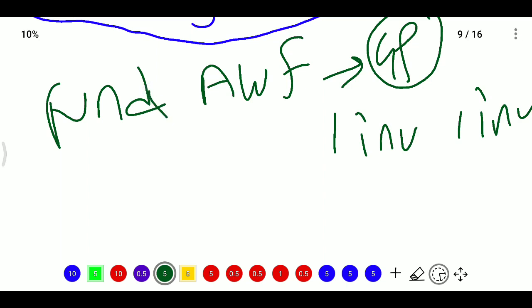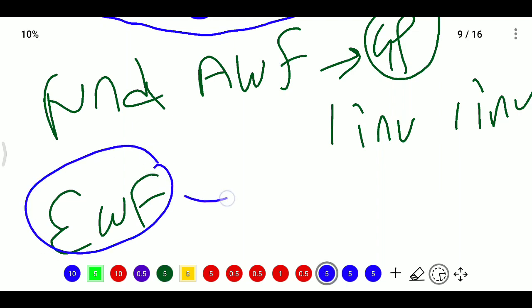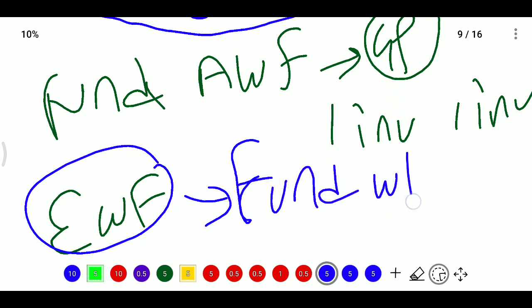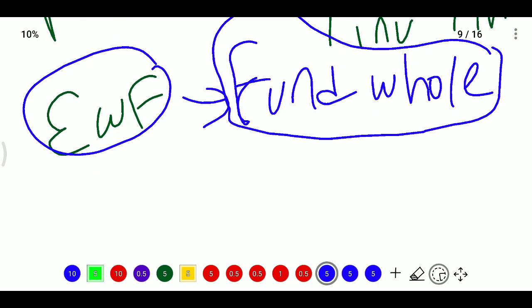If you are not in that market and you go for the European waterfall method, where we need to calculate on a whole fund basis, and the total profit in the fund is zero, in this case the carried interest already paid to the general partner can be pulled back or called back.